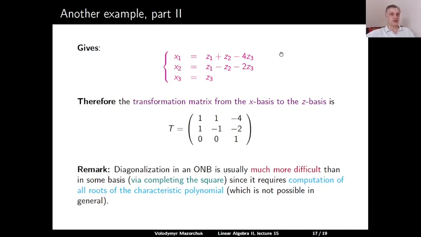And this is because in order to diagonalize it in an orthonormal basis, we need to compute the roots of the characteristic polynomial of some matrix. For small matrices, this is easy, but for big matrices, this is actually not really possible. Therefore, diagonalization using completion of the square is much faster and much more handy.